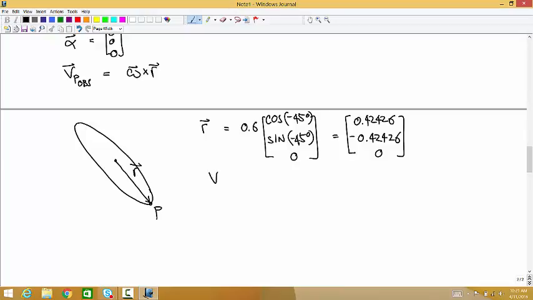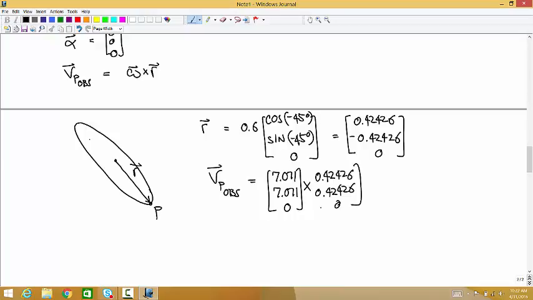And so the velocity of P observed is 7.071 crossed with 0.42426, and you get 0, 0, negative 6.